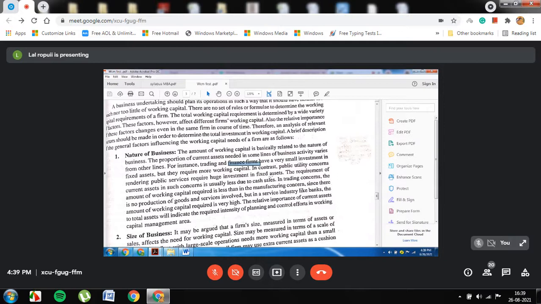They need working capital for paying their employees or their daily workers only, right? The requirement of current assets in such concerns is usually less due to cash sales.